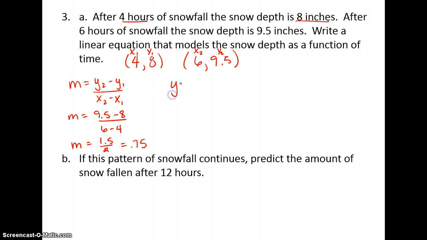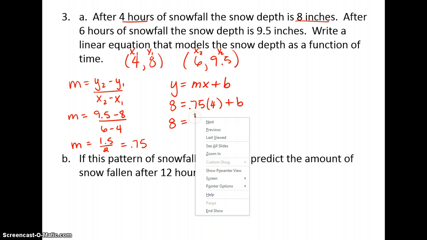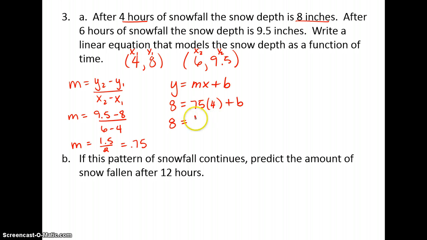So y equals mx plus b. I'm going to find b by using an x, a y, and my m. So 8 goes in for y, 0.75 for m, 4 for x. Now to clean it up, 8 equals 3 plus b.